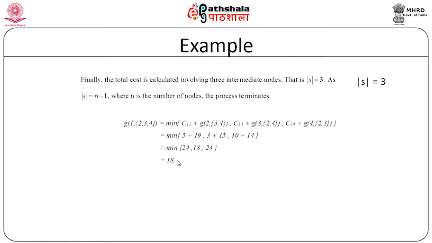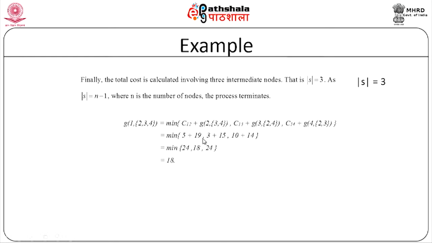Fine, one side of the problem is solved. The next question is to find the path through which we have to traverse to get a cost of 18. To get an answer for this, all we have to do is record the k which gives the minimum at every stage.